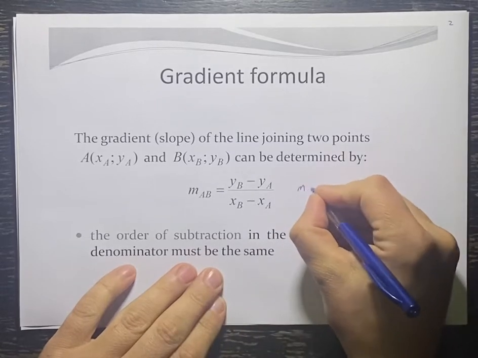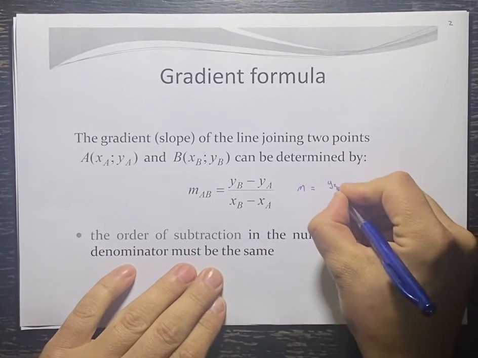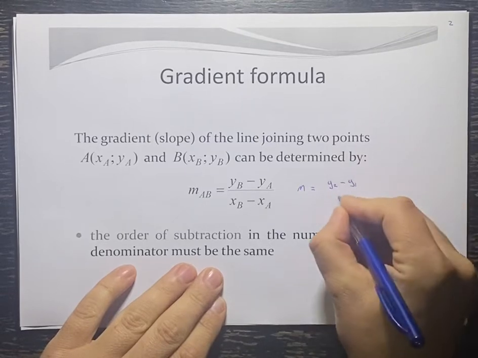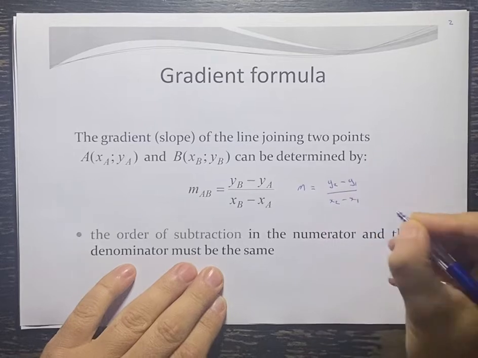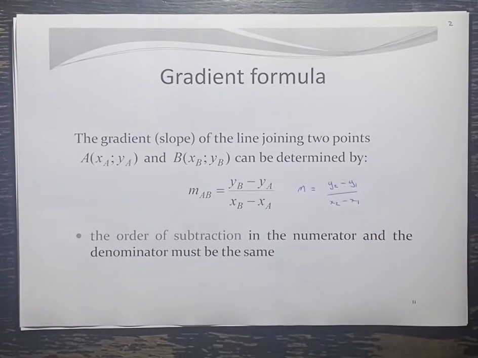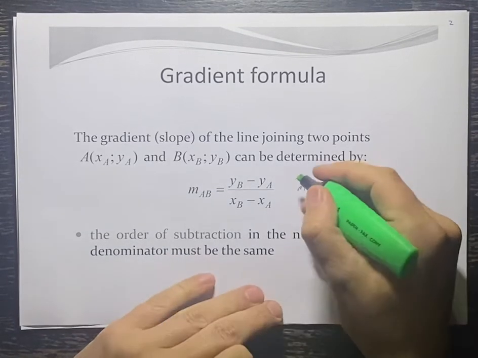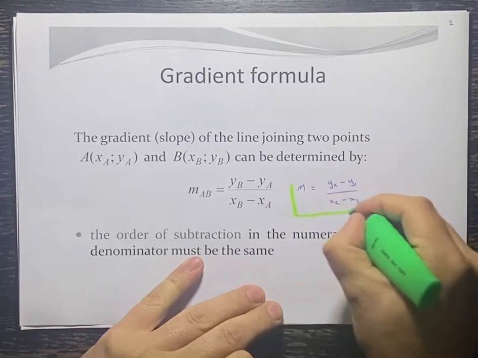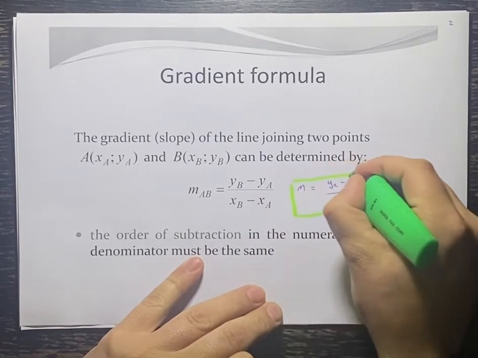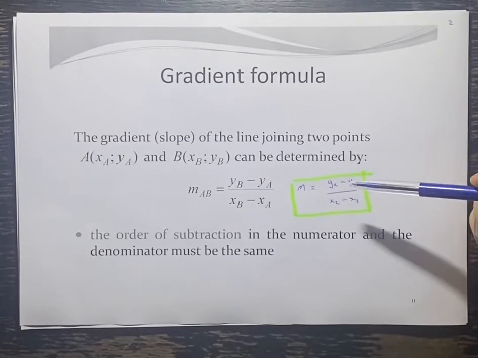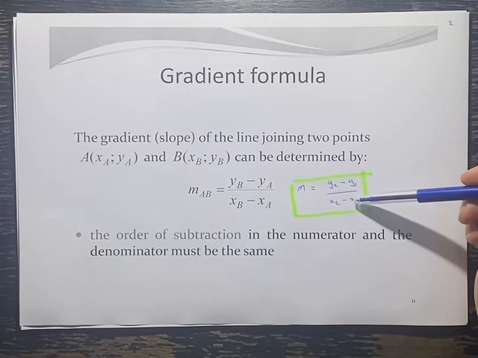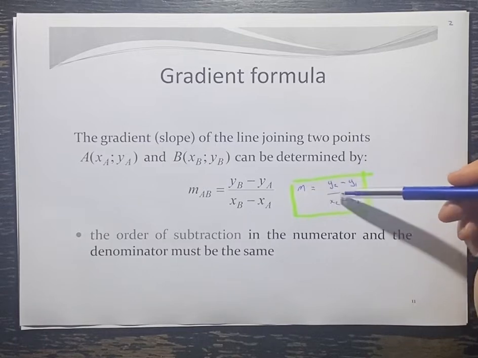It's small m equals y2 minus y1 over x2 minus x1. I would rather you guys use this one. What we say is it's just the changing y over the changing x. That's how we read it.